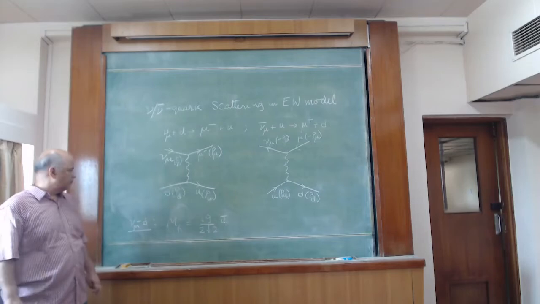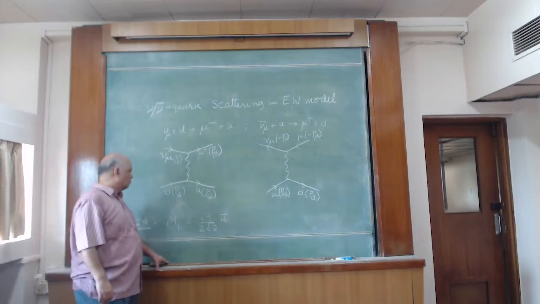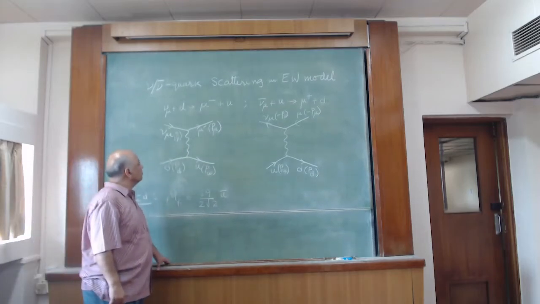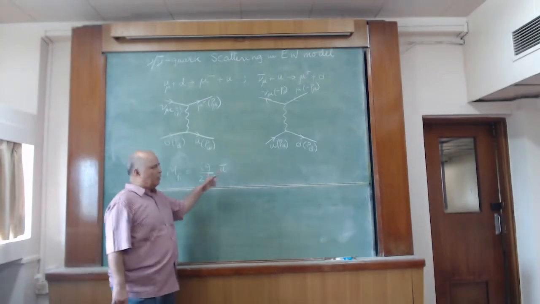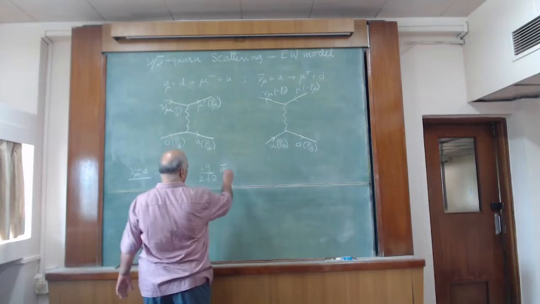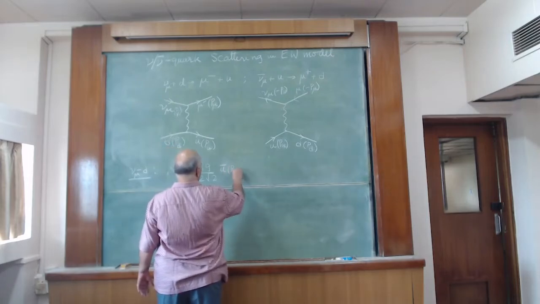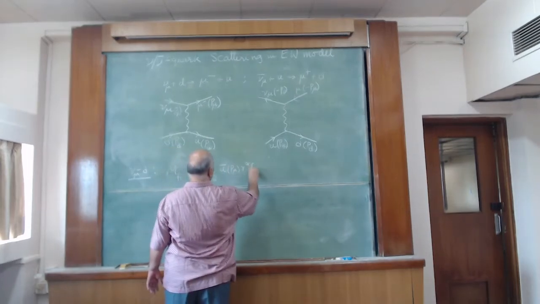For an outgoing particle, we have a U bar spinor whose momentum is P mu, gamma alpha.